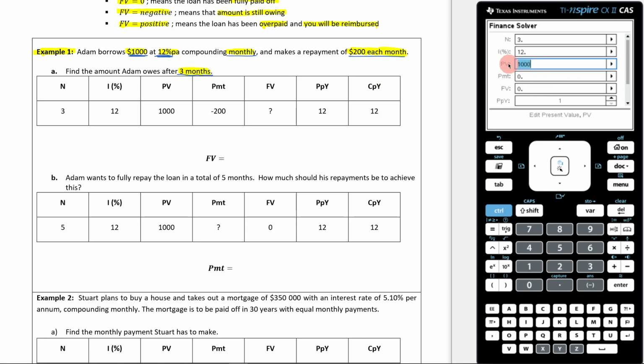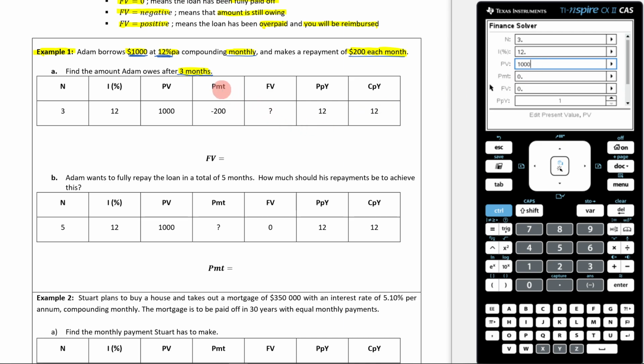I always like to think about whether something is positive or negative when it comes to the finance solver, whether or not it's going into your pocket or coming out of your pocket. If it's going into your pocket, it is positive. If it's coming out of your pocket, it is negative. So because it's a loan, they're giving you this $1,000. It's positive. It goes into your pocket. Hopefully I've made a big enough deal about that, because that's normally where people make a mistake. The next is my PMT.